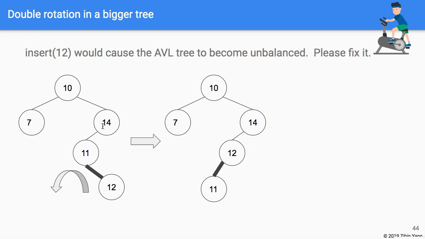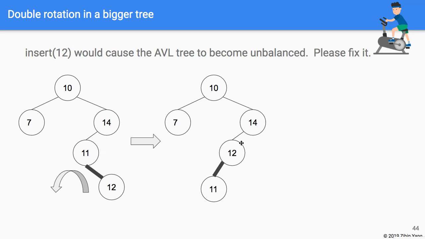If you have to have a name, this is going to be the left-right case. But if you recognize this shape, then the first thing is at the lower edge here, you do a left rotation, and then we get this. We bring up the bottom, number 12, up here, and then 11 is below 12.